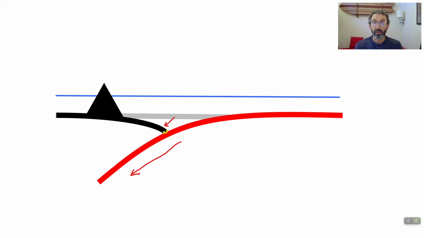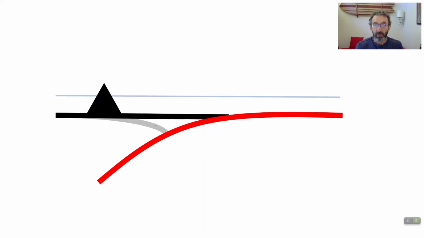Now at some point, the pressure, the stress gets too great on that contact point, and this black plate is just going to release, and it's going to snap back up. So here it is. We see now that the plate is snapped back up. This generates, of course, a big earthquake.